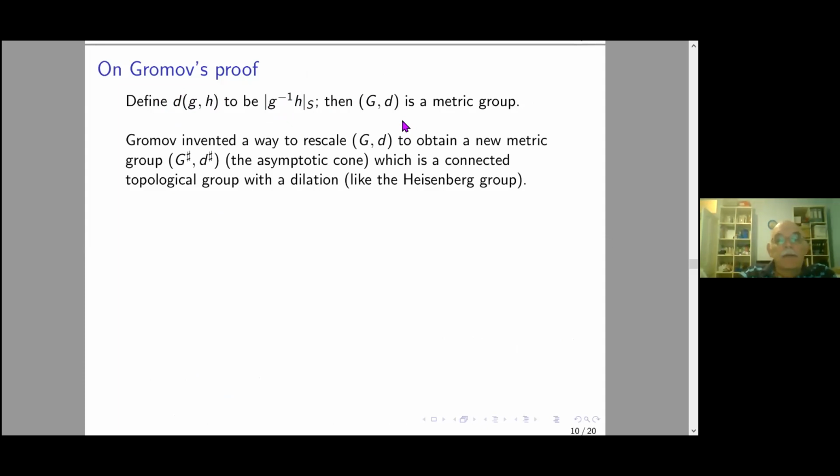And what Gromov did was he invented a way to rescale G to obtain a new metric group that now gets called the asymptotic cone. And it's a connected topological group with a dilation. It's very much like the Heisenberg group that I gave you as an example very early on.